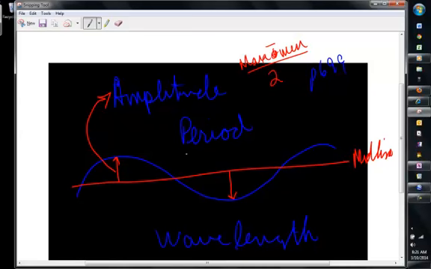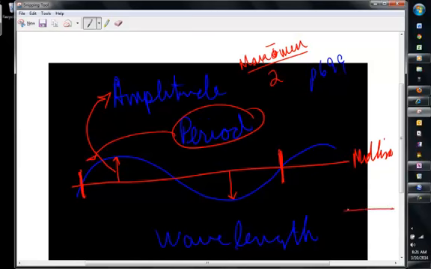Period is the distance from where a wave is at one time to where the wave is at that exact same spot again. That's the period of the wave. Now, if the horizontal axis here is in time, that period will be in seconds or something like that.